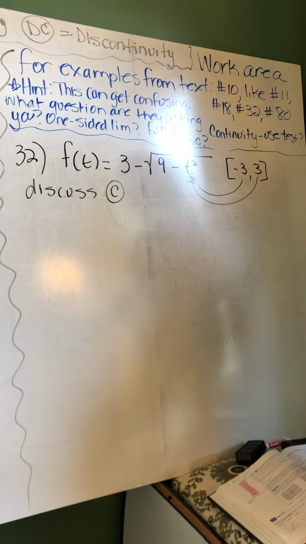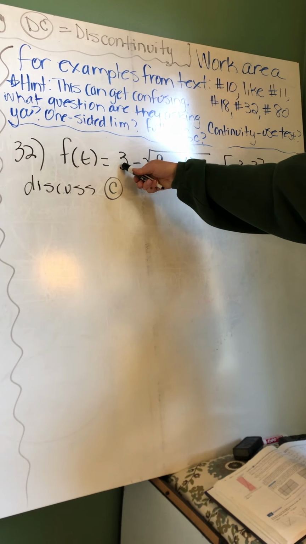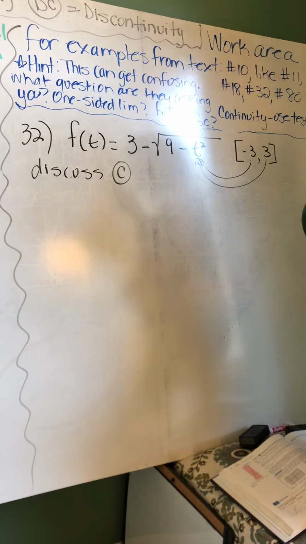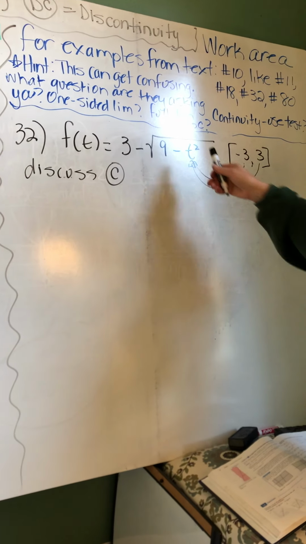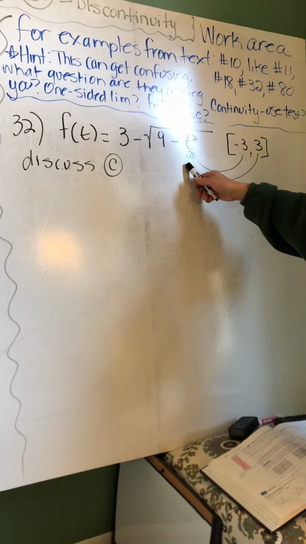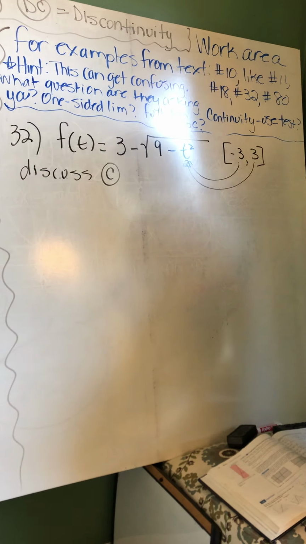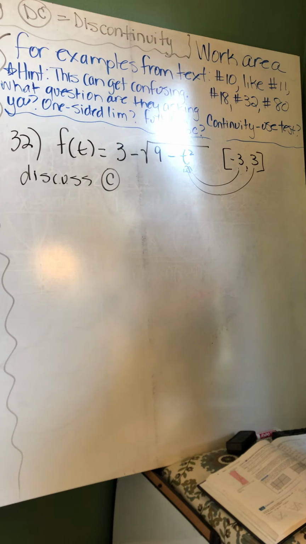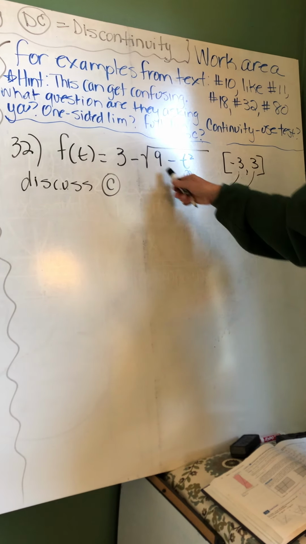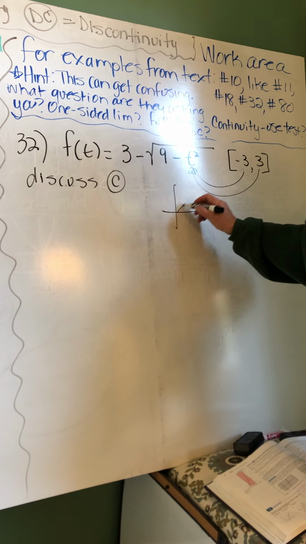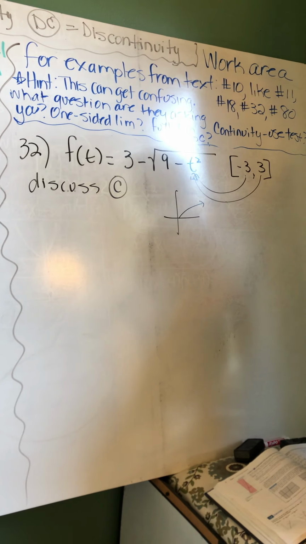Now let's talk about limits. We know what that function 3 looks like. That's a horizontal line. That limit exists everywhere. Take a look at this square root right here. Square roots always output a value for any x, where what's underneath has to be positive, and the square root will output a positive value.